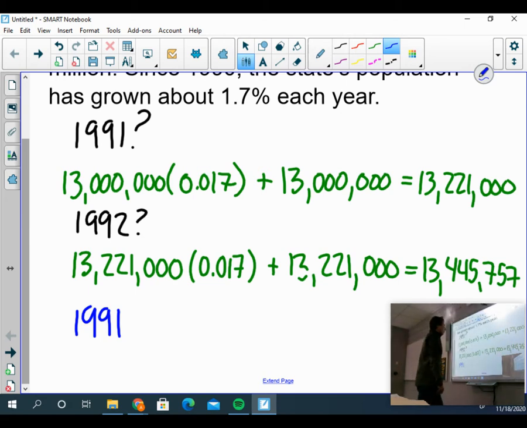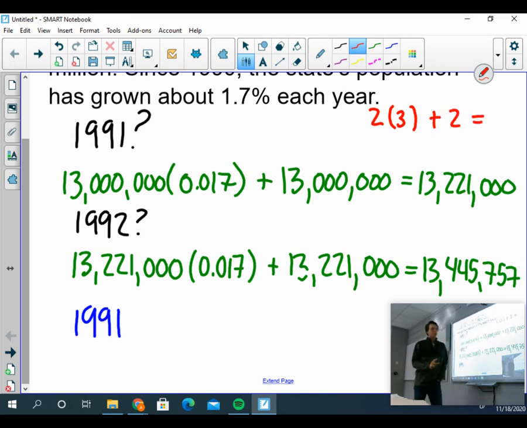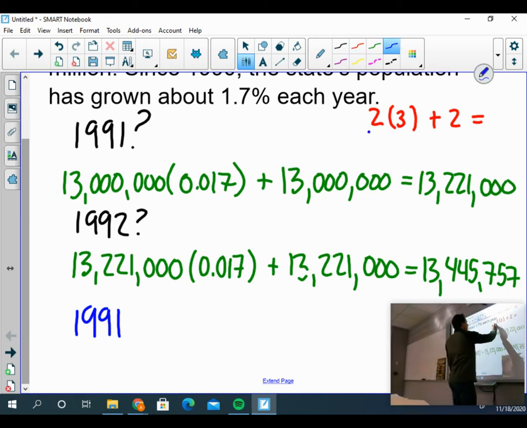Well, we learned back in middle school, if I had something like, I don't know, 2 times 3 plus 2, you could identify what's called the greatest common factor. What's the greatest common factor shared between these numbers? Well, 2.